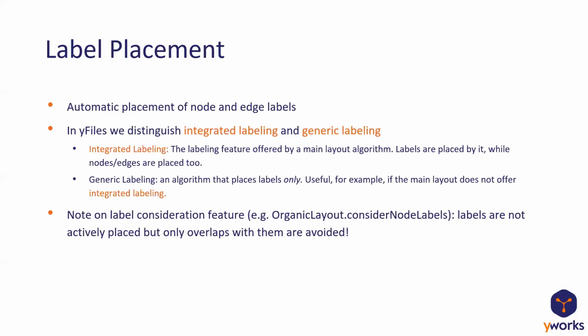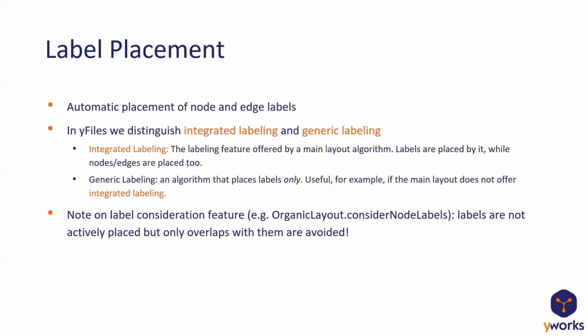If an algorithm supports integrated labeling, you can enable that via a property. And that means that labels are placed by that algorithm, while the other elements, the nodes and the edges, are placed too. And the big advantage is that the algorithm can already see the labels and it can make enough space for the labels to avoid any overlaps.